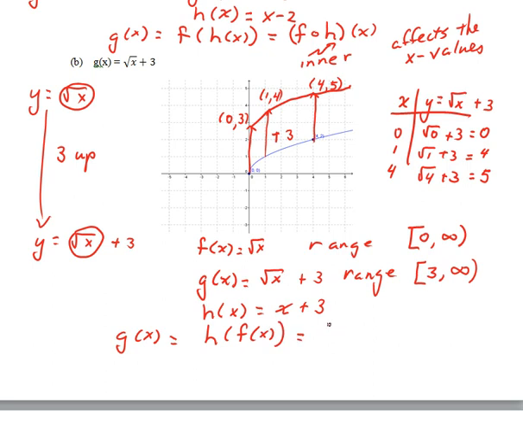So g is the same as the composite function h with f, where h is now the outer function. And the effect when we take a composition and the outer function is x plus 3 is that the y values will be affected.